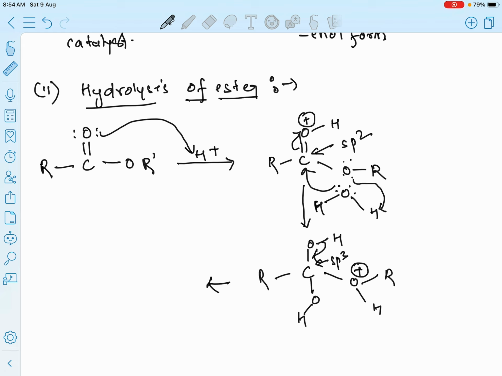Due to this polarization and the shifting of this bond, the carbon-oxygen bond can be broken, and there is formation of RC double bond O OH molecule along with the formation of ROH molecule along with the formation of H plus.